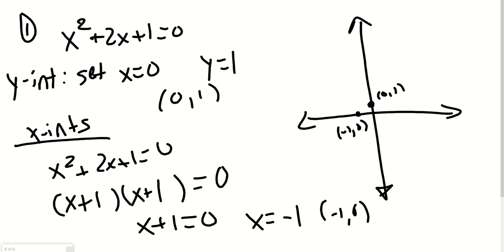Now, how would we find the axis of symmetry? We're going to use the formula, which is going to be -b over 2a.